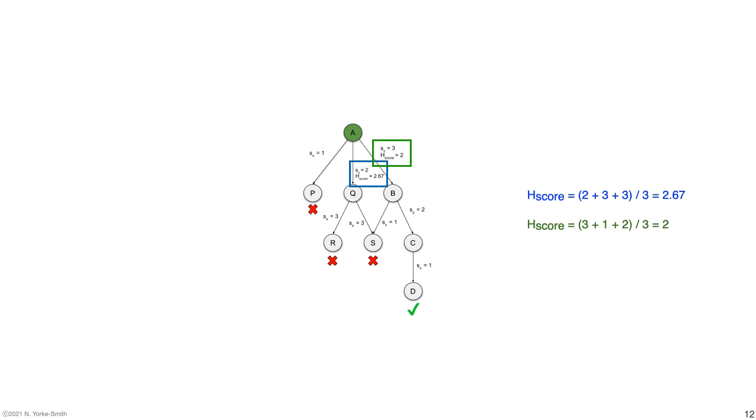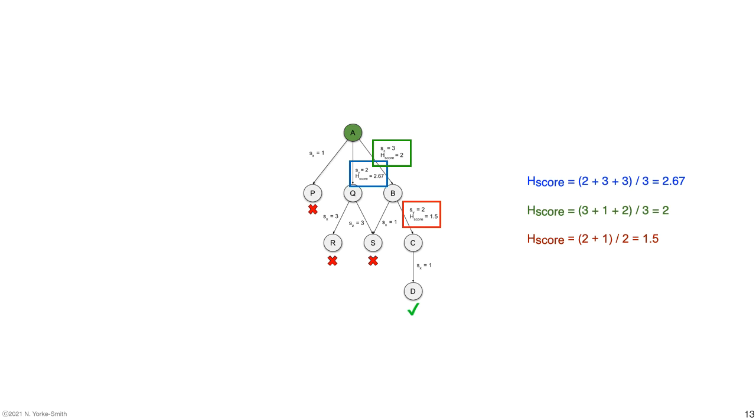Well, what if instead we went this way? The heuristic score of going from A to B is again 3, and then it's 1 from B to S and 2 from B to C. We take the average, 3 plus 1 plus 2, that gives us a score of 2. Just another example. Supposing we're going from B to C, the score of the regular heuristic is 2 from B to C, and then 1 from C to D. That will give us a score of 1.5.